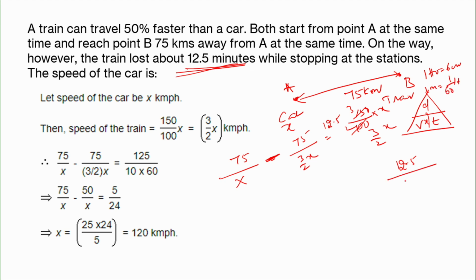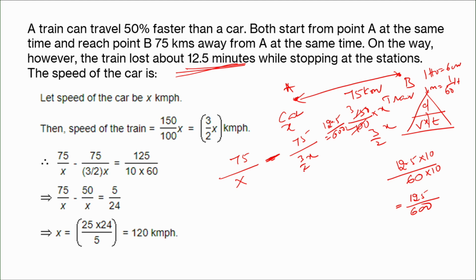So you have to divide by 60 to convert into hours. 12.5, now you have to multiply by 10 and of course divide by 10. Then it becomes 125 by 600. Understand? So it is 125 by 600.